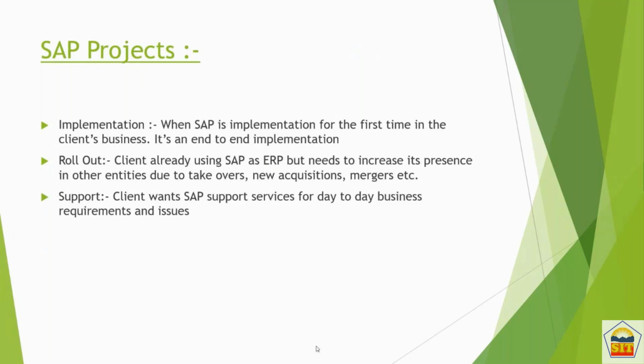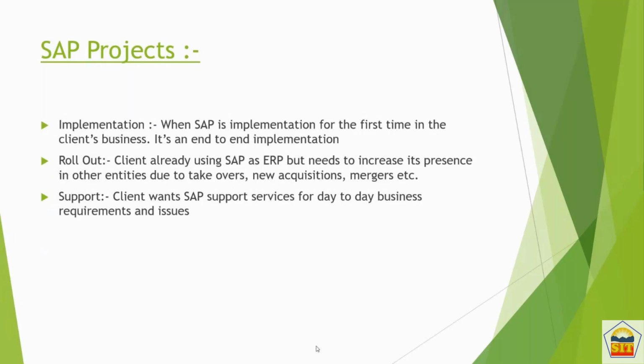Then there are different types of projects we come across in SAP. We have the implementation project, the rollout project, and the support project. What do you mean by the implementation project? If in any company SAP is going to be implemented for the first time, and before that they were not using SAP as an ERP, they were using some other ERP, like QuickBooks.